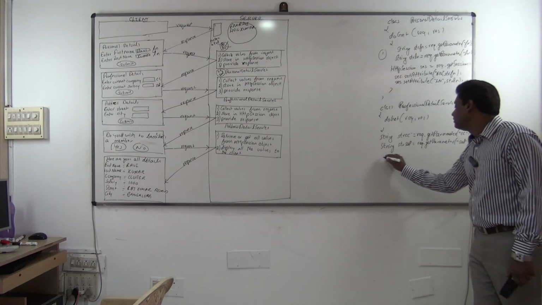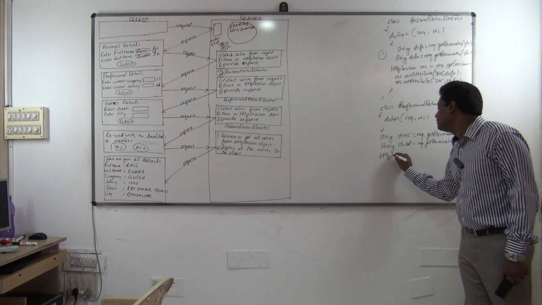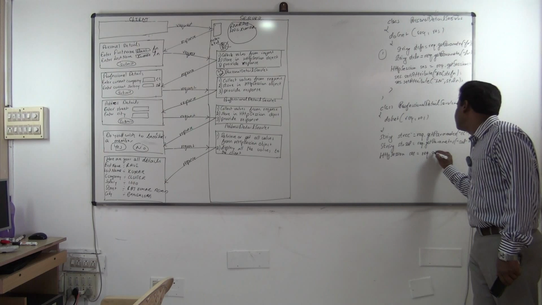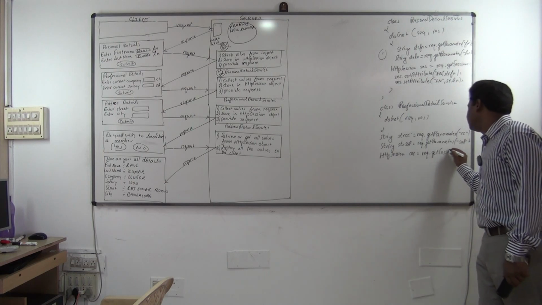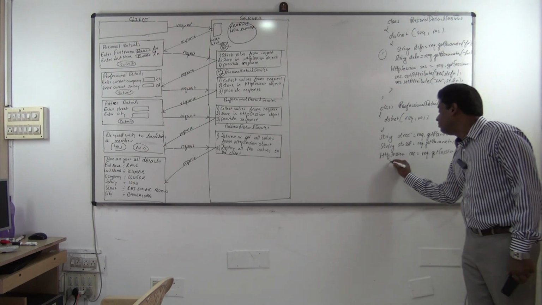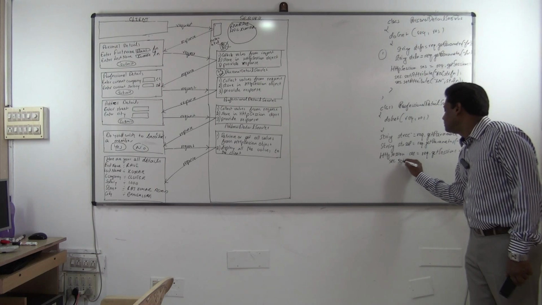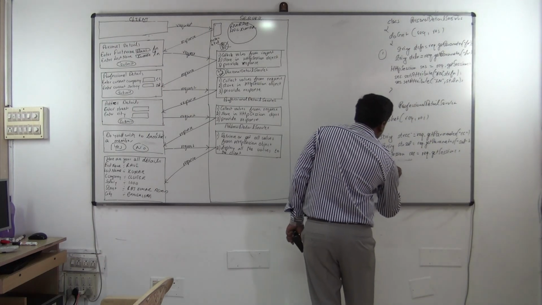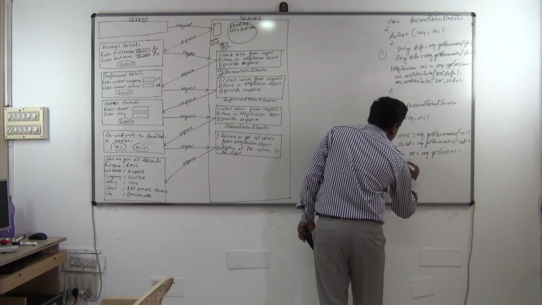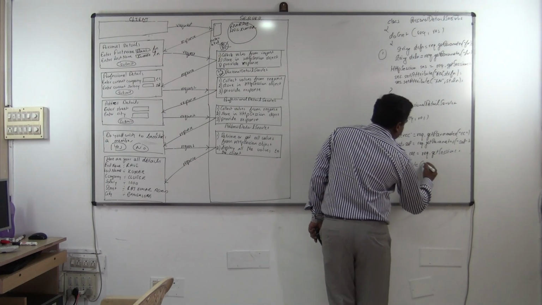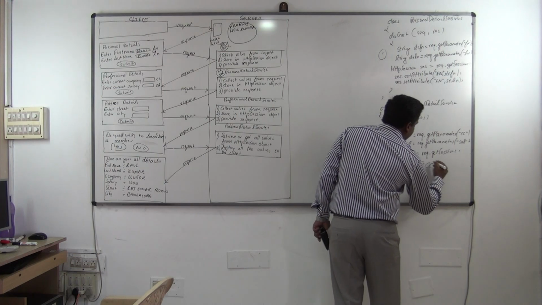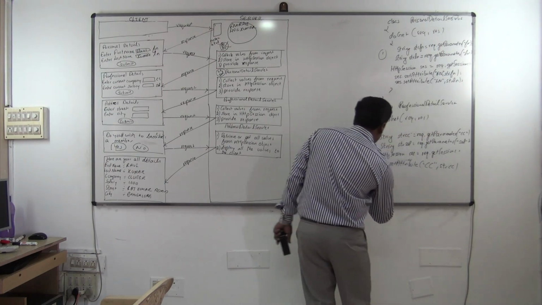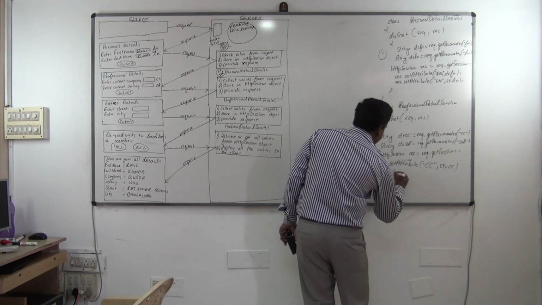Now what will I do? HttpSession session is equal to request.getSession. Fine. Code wise okay. But I'll put some questions to you. setAttribute, you'll say session.setAttribute of current company comma strCC, session.setAttribute.